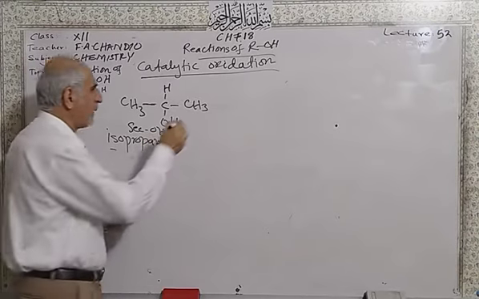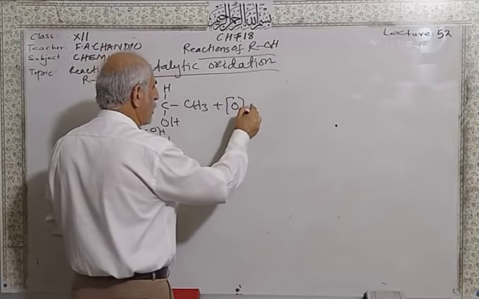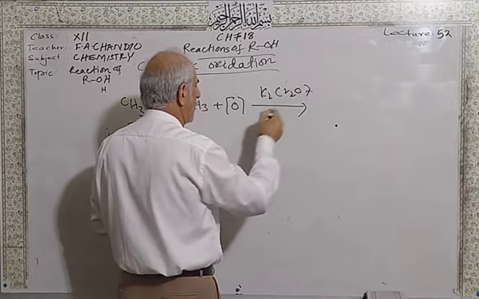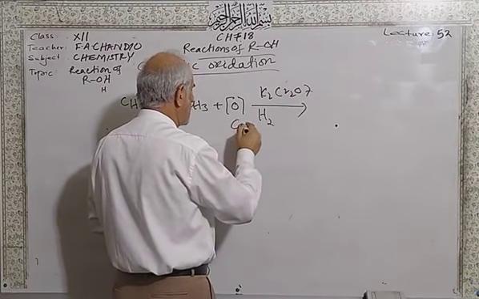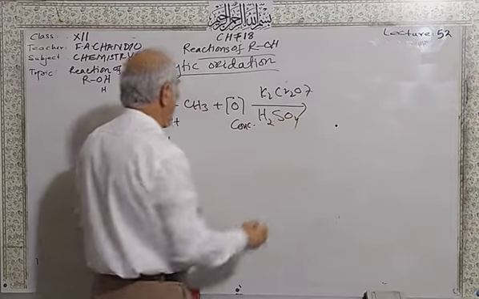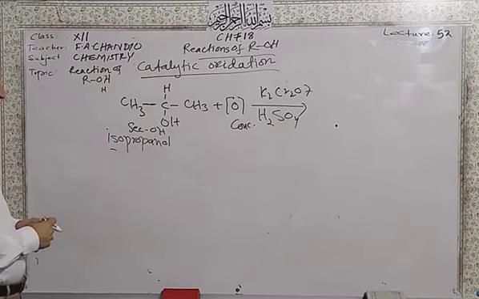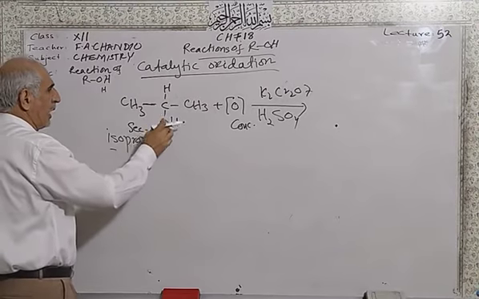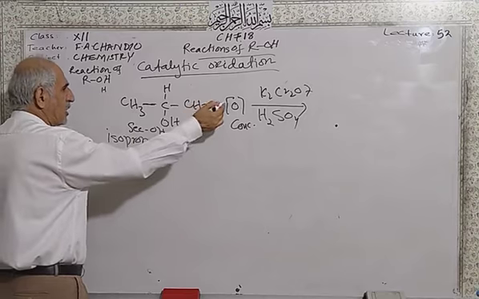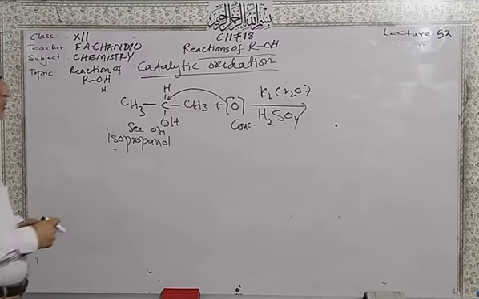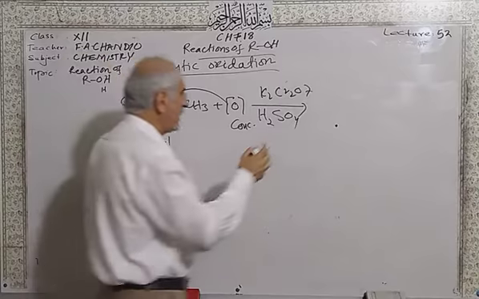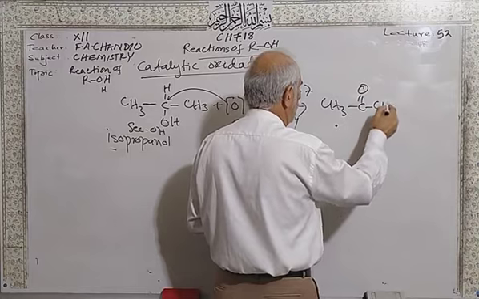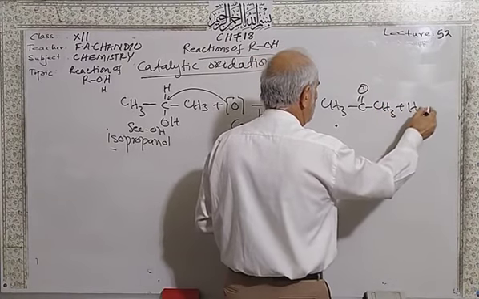Isopropanol, a secondary alcohol, is here. Nascent oxygen from potassium dichromate and concentrated sulfuric acid. So dehydration takes place. In the case of dehydration, the hydroxyl group's hydrogen and this oxygen is going to be attached here like this. So you will get another functional group, a ketone.